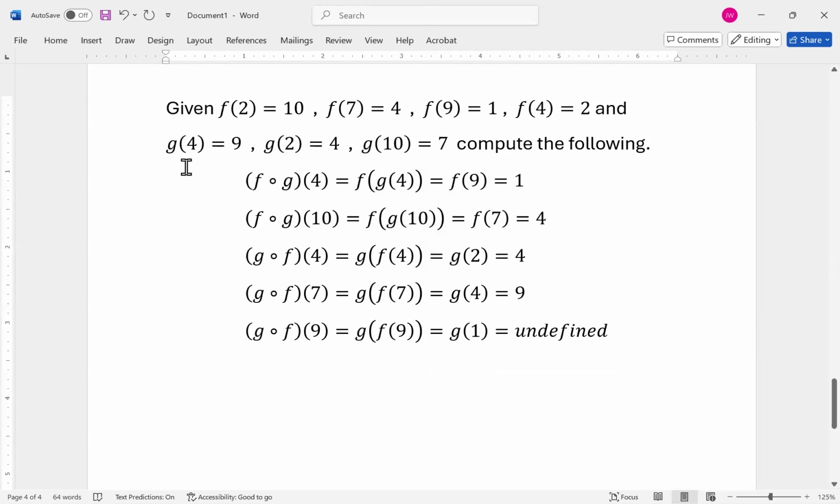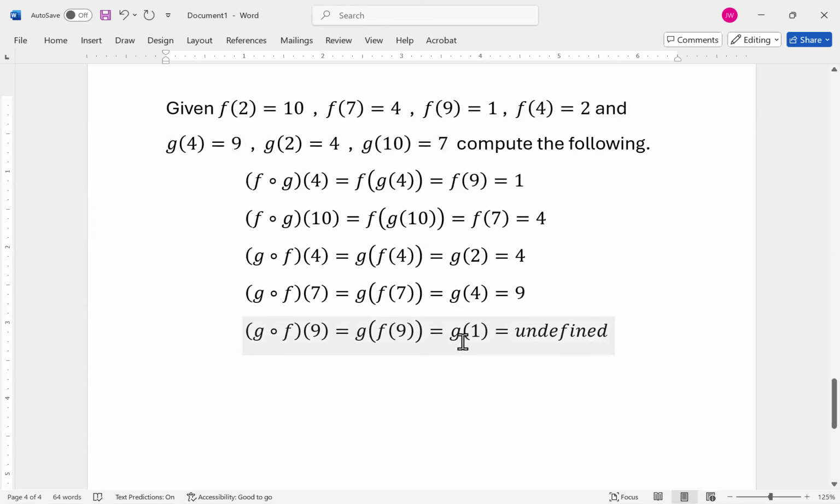If I had an actual expression for g and the domain was all real numbers, then I'd know where g of 1 is sent. But in this case, the domain I have for g is just the 3 numbers 4, 2, and 10.